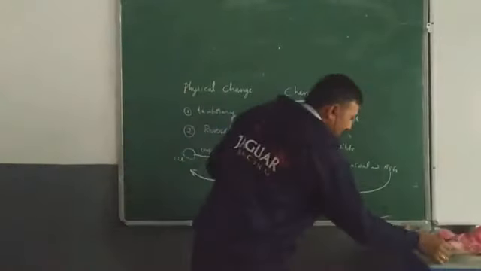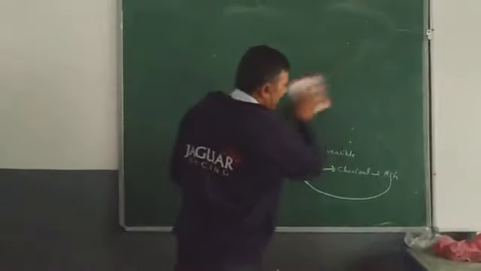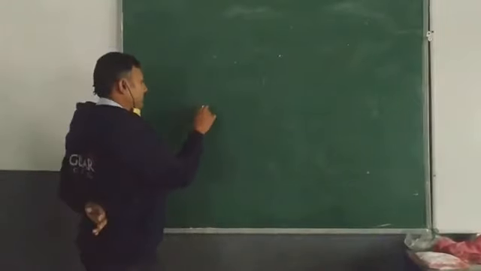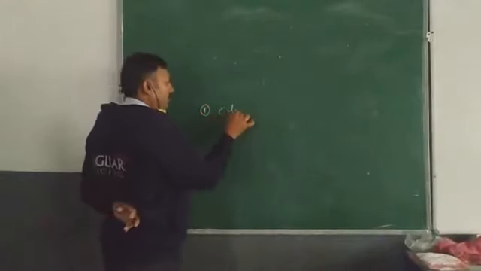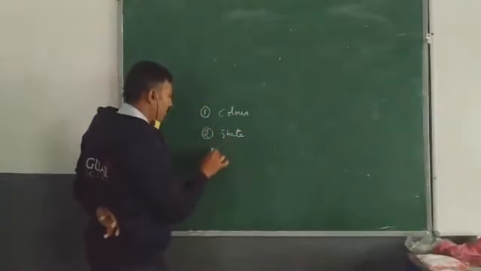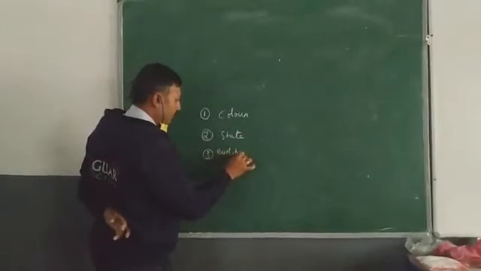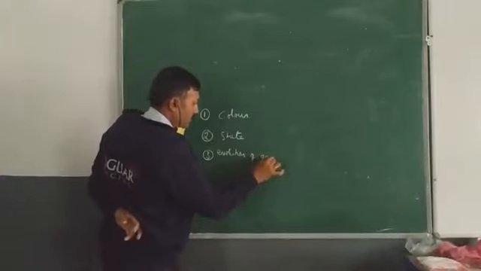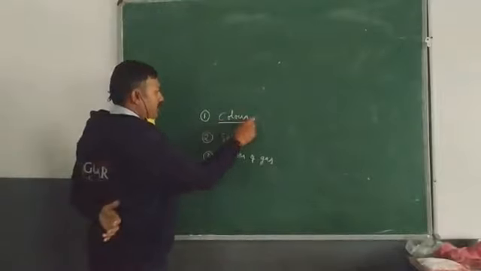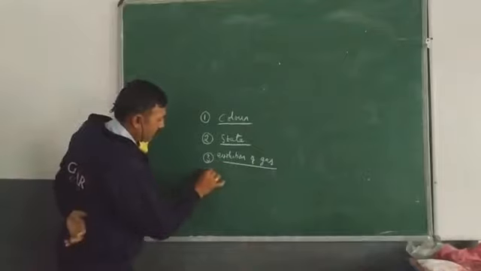Now how do you say that a chemical reaction has taken place? Based on the fact that there should be a change of color, a change of state, or an evolution of gas, or a change in temperature.